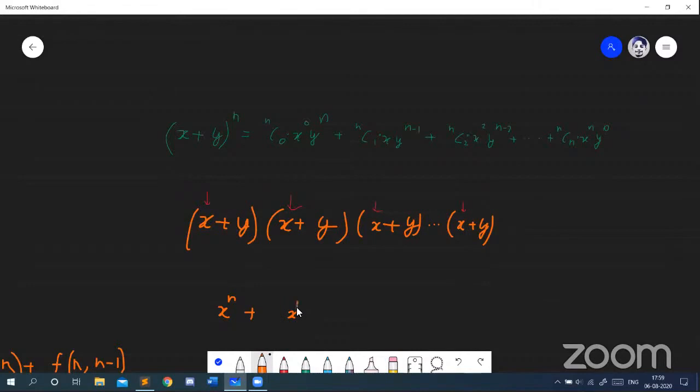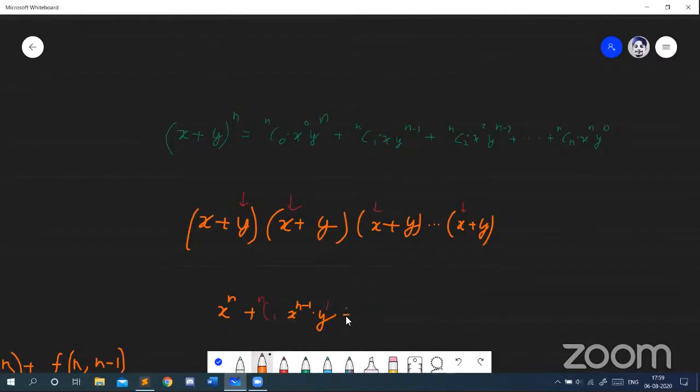Let me write it in order: x to the n minus 1 times y. And that's because it's just y to the 1. And I can do this for any one of them, right? I can choose the y term from this bracket or from this one or from this one. And that's why I have n choose 1.